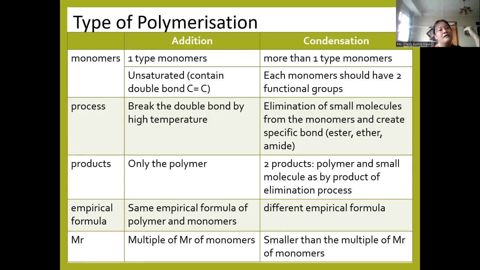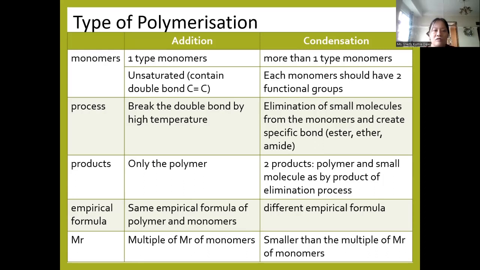Okay. In addition, there is always only one type of monomer, but in condensation, it can be made from two types of monomers. And remember, in addition, the monomer should have a double bond because when the polymerization happens, it will break the double bond.